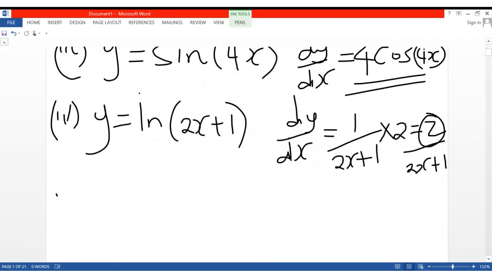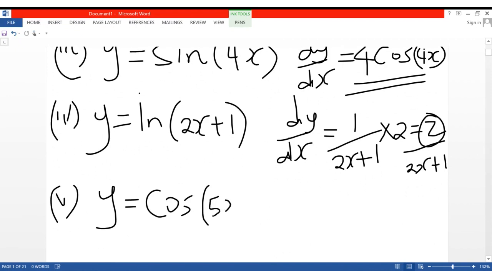Number V. y is equal to, we can do another function, let's say cos 5x. So dy dx, when you differentiate cos, you get what? Negative sine 5x.